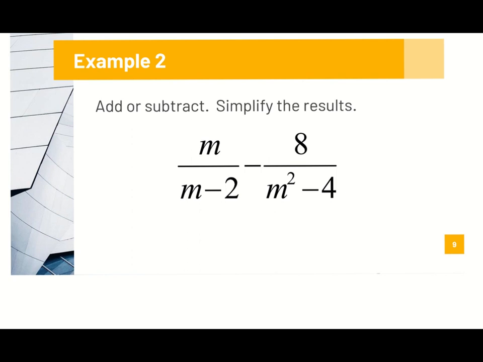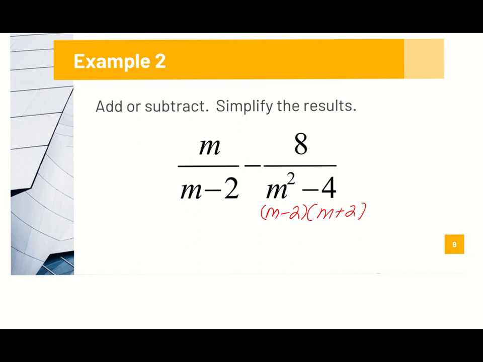If something can factor like m squared minus 4, a difference of two squares, I want to go ahead and factor first. So this becomes m minus 2 times m plus 2 when I factor. What I notice is both fractions have m minus 2 in the denominator. They have that in common.